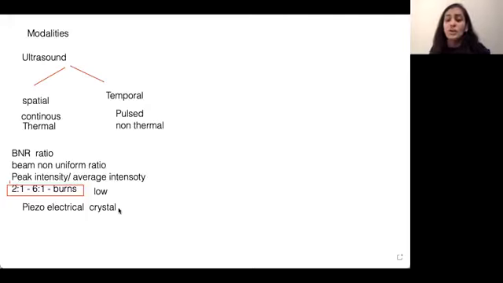You have to change the equipment. You cannot change the crystal because the crystal is inside the equipment. It's not in your power to actually change the crystal. You have to get another ultrasound machine, because this ultrasound machine is going to cause burns.